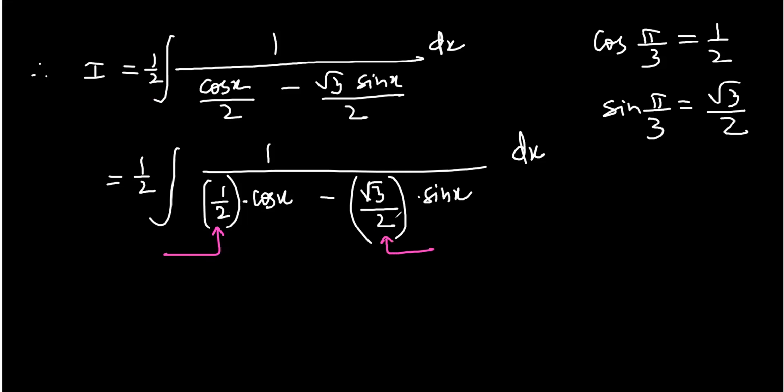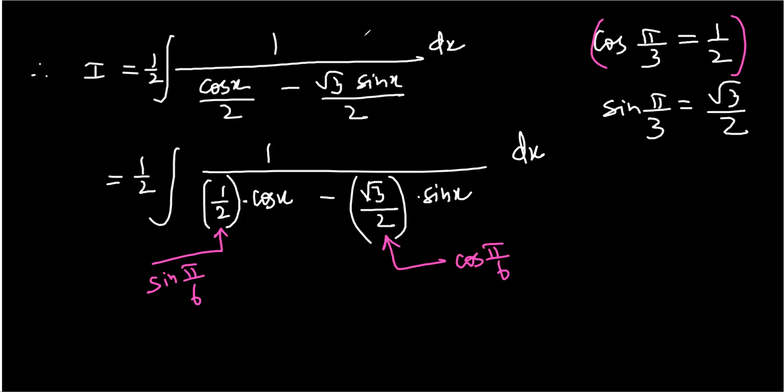Not only that, you can take 1 by 2 as sine pi by 6, and automatically this becomes cos pi by 6, and this will solve your problem.